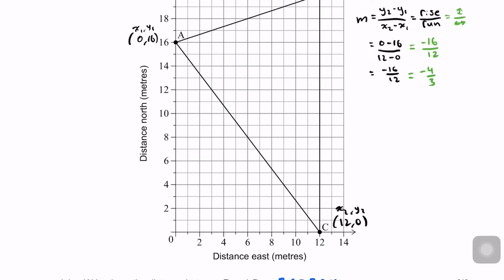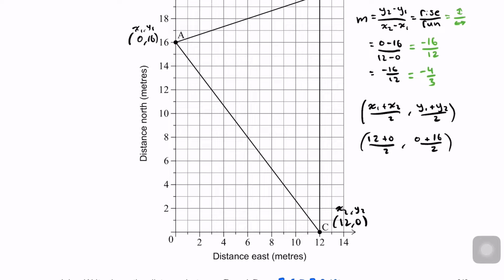I'll write it out under here. So the midpoint, remember, is given by x1 plus x2 over 2, and then y1 plus y2 over 2. In this case, we've already labeled these values, so let's add them up. 12 plus 0 over 2, and then we have 0 plus 16 over 2.